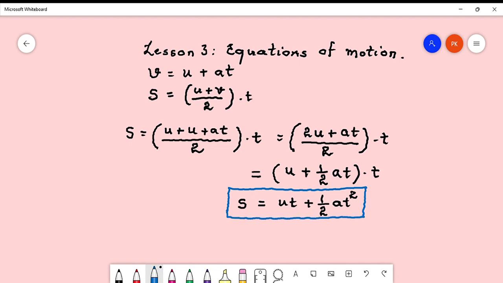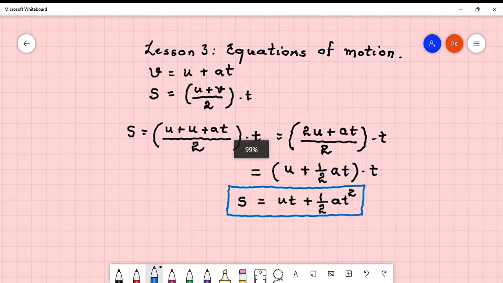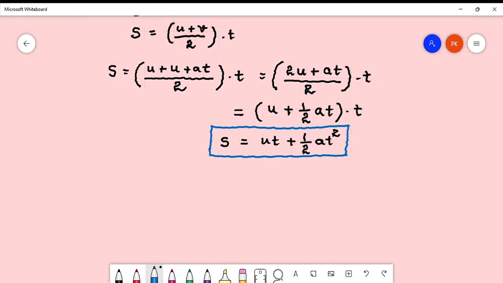Okay, so now let us come to the next equation of motion. So again, consider the formula for acceleration. What is acceleration? Change of velocity divided by time. So final velocity minus initial velocity divided by time.